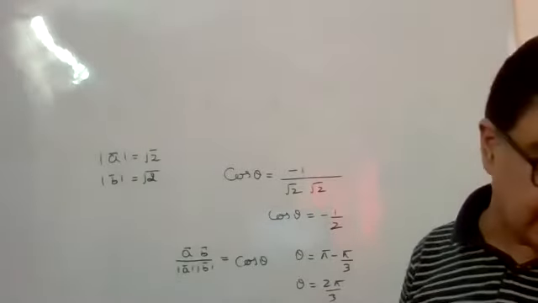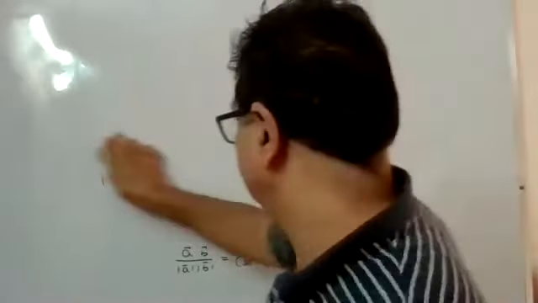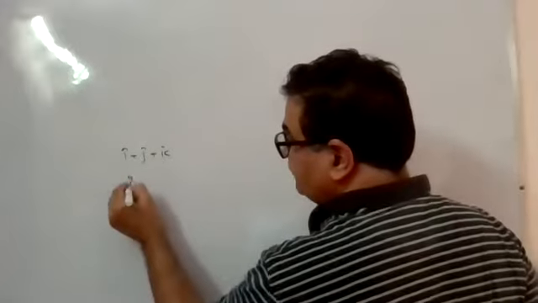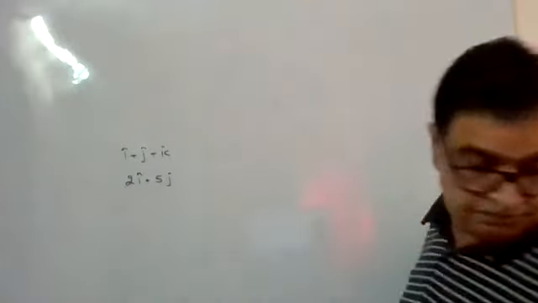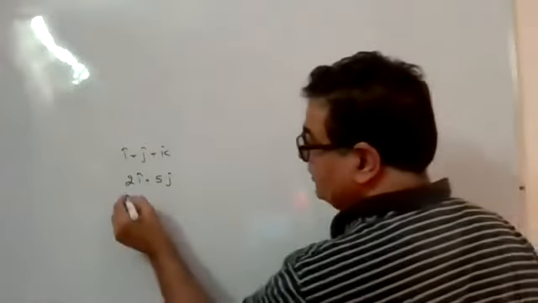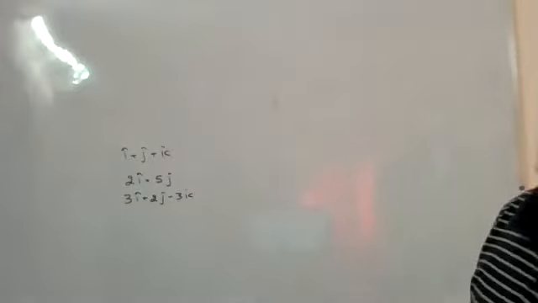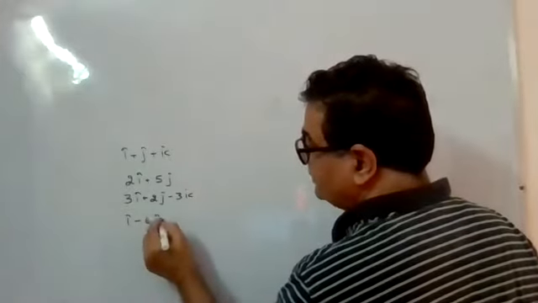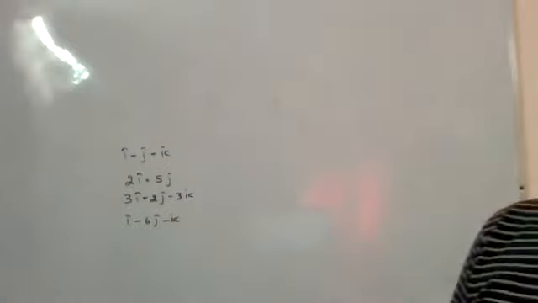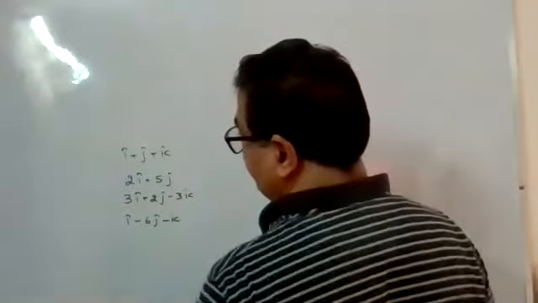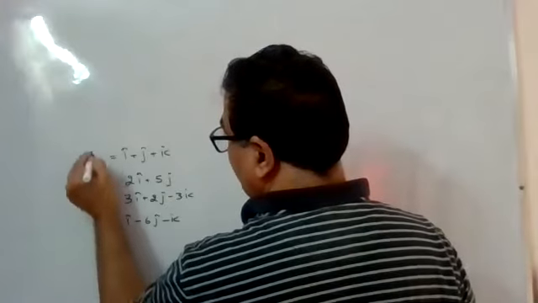I cap plus j cap plus k cap, another one is 2i plus 5j, then 3i plus 2j minus 3k, and the fourth one is i minus 6j minus k, respectively are the position vectors of points A, B, C and D. This is the position vector of A, so I'll say it is OA vector.